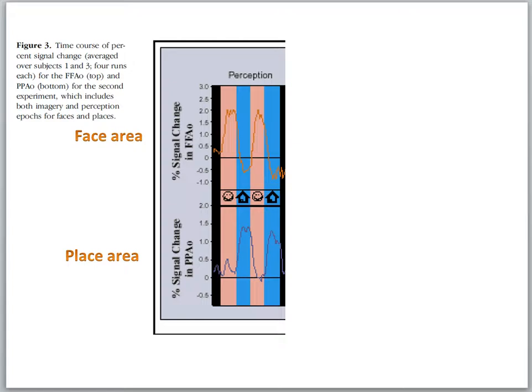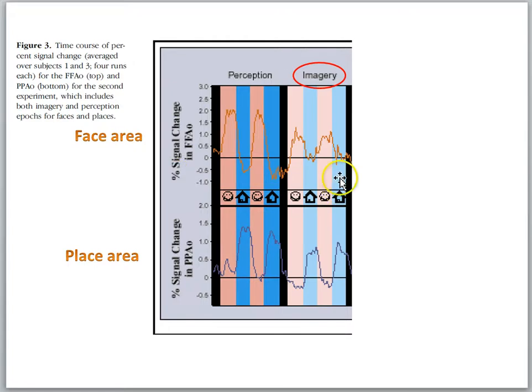Now here's the interesting part. Kanwisher then gave instructions to the subjects to simply imagine a face or a place, right? A face or a house. When they imagine a face, you get fusiform face area activation. It's not as much as seeing a face, but nevertheless there is a reliable signal here.